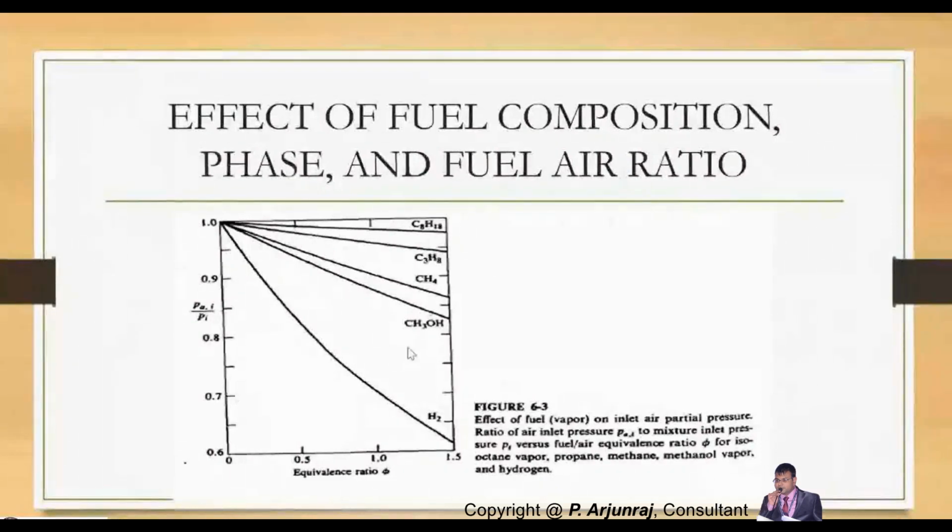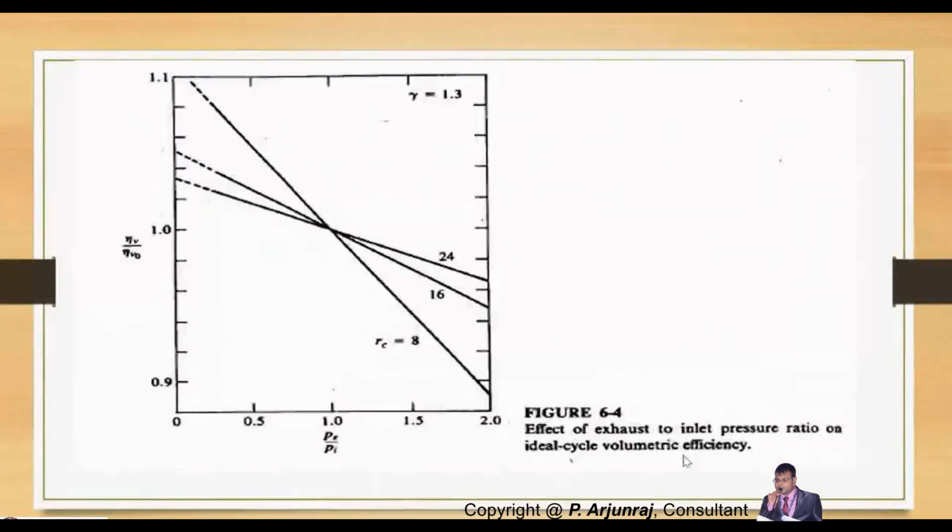Your fuel, whether gasoline or diesel, has a different composition of carbon, hydrogen, and oxygen. So depending upon the different configuration of your fuel, your pressure ratio will vary according to the fuel air ratio, and this will also influence the volumetric efficiency of your engine and the flow of gases into the engine.